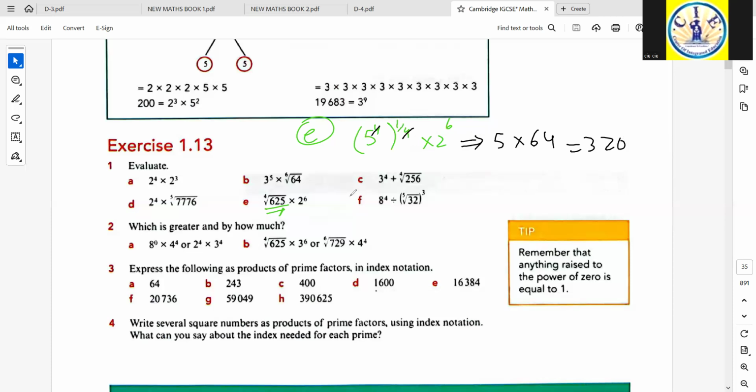Okay, now it's part F. 8 raised to the power 4. Let me write it down as it is. Instead of writing 8 raised to the power 4, I need to think.